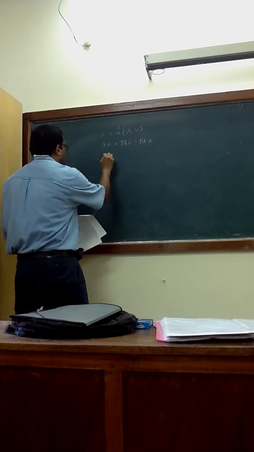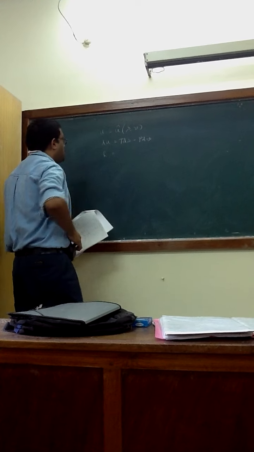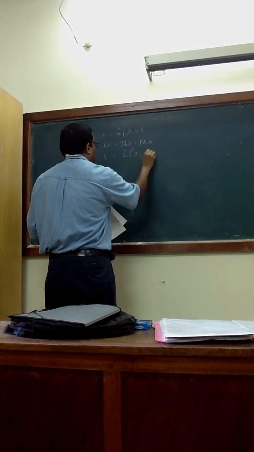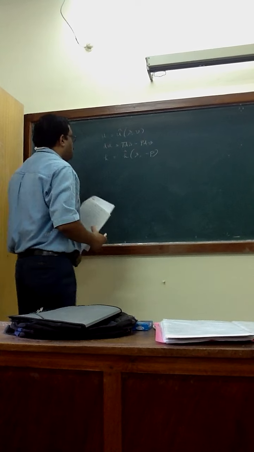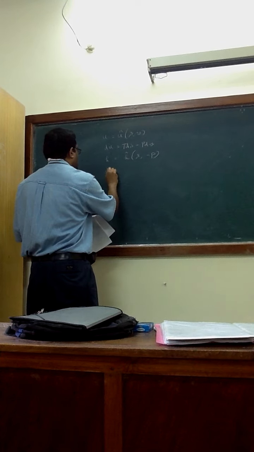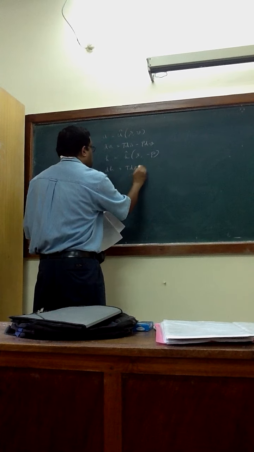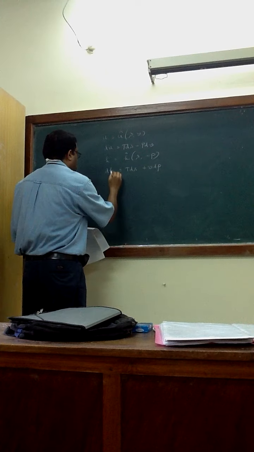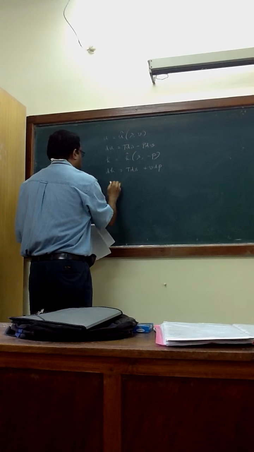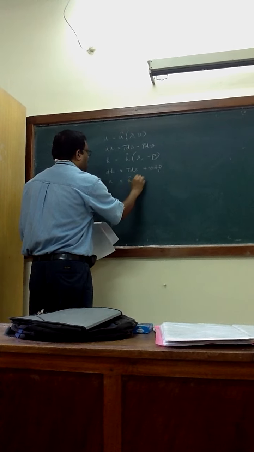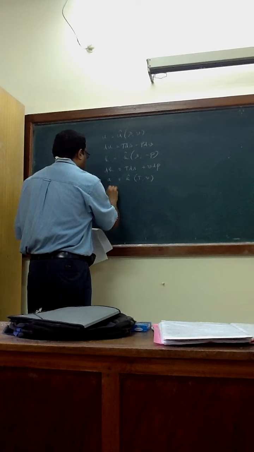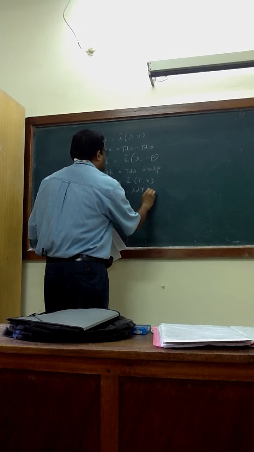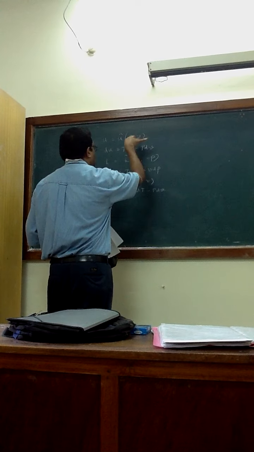Then we had the Legendre transformation, where we transform V to P, H equals H hat, and we have dH equals TdS plus VdP. We had transformation of S to T, A equals A hat (T, V), and we had dA equals minus SdT minus PdV.